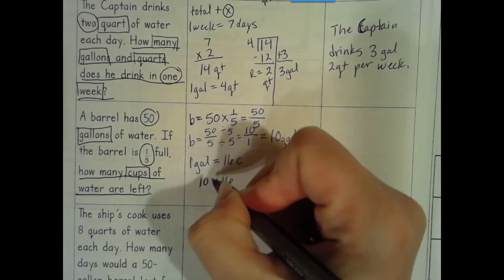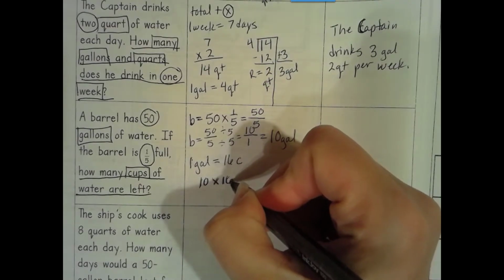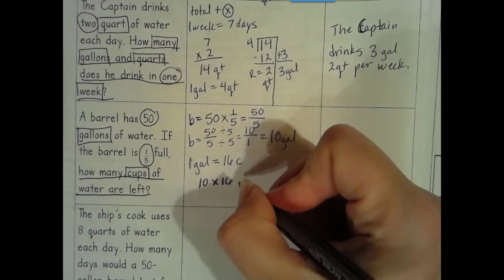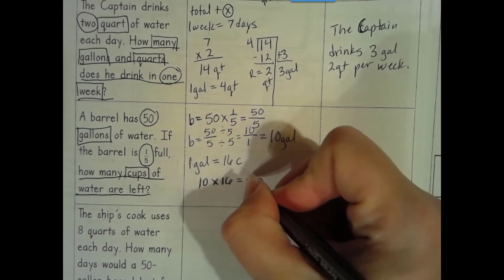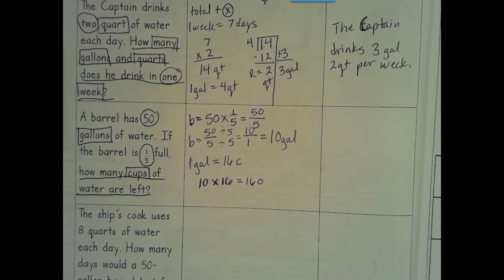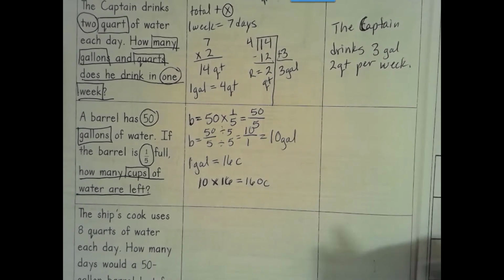Anytime you are converting from larger to smaller, you multiply. So 10 times 16, placeholder moves it over a place. 1 times 16 is 16. So there's a total of 160 cups.